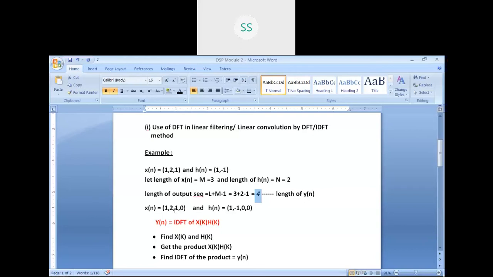Similarly, h of n originally has only 2 samples, so I will stretch its length to 4 by appending 2 zeros. Now both x of n and h of n have an equal number of samples. This is because we are making use of the DFT IDFT method, so the length has to be the same.